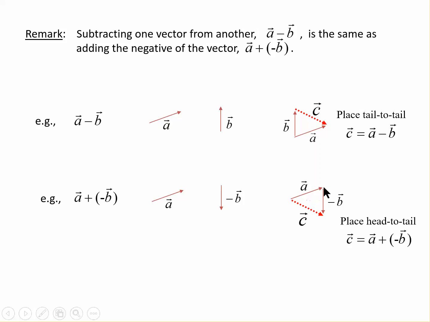So here's a plus negative b. And that red arrow, which I labeled c, is the sum of vectors a plus negative b. And notice that this vector c is exactly the same one as this vector c. It's got the same size, and it's pointing in the same direction. It's drawn in different spots on the page, but that's okay. It represents the same vector. So a minus b is the same as a plus negative b.